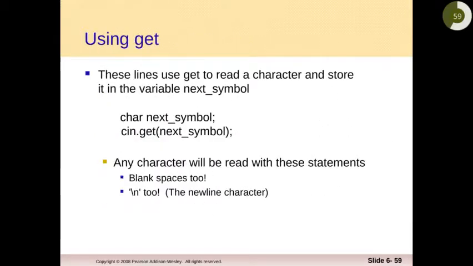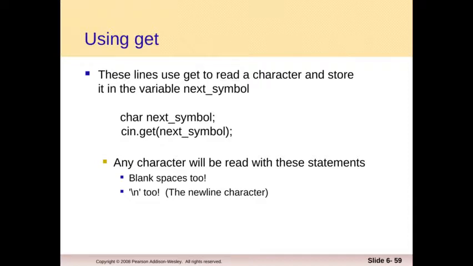How do you use that function? Well, any input stream, whether it is cin or an input file stream that you have connected to some external file, can be used. You have to have a character variable, and you pass that character variable to this member function get. That is a member function of any input stream.